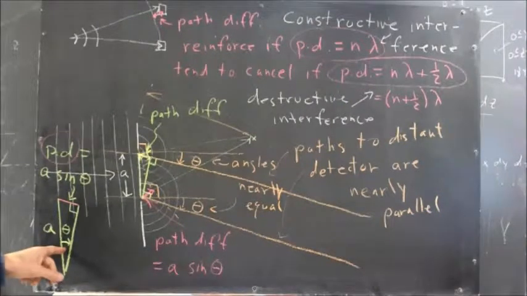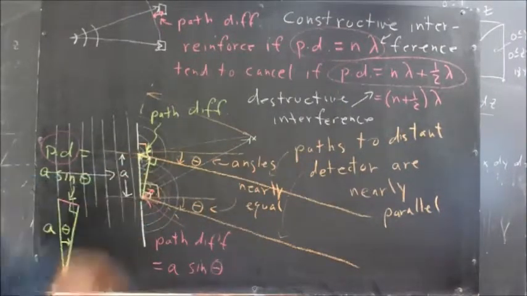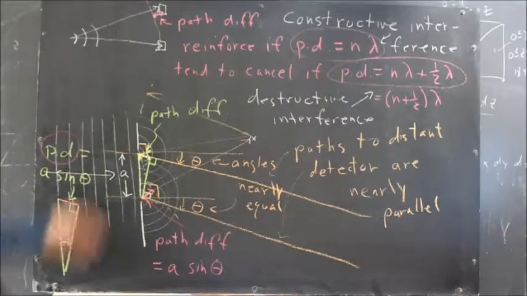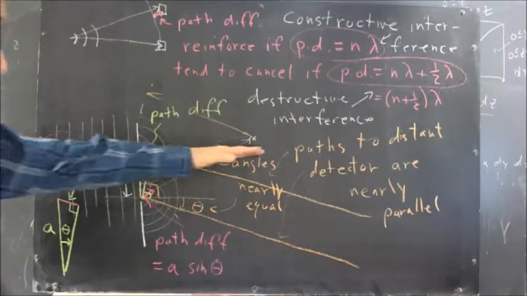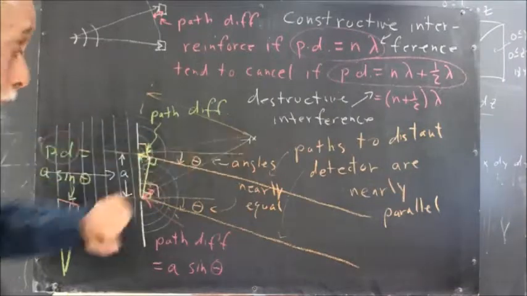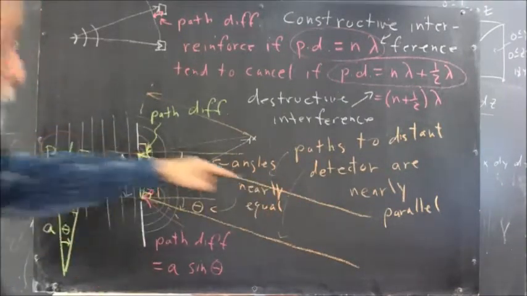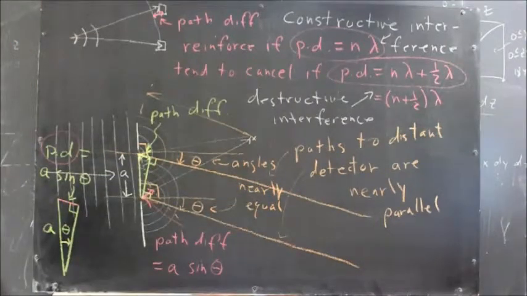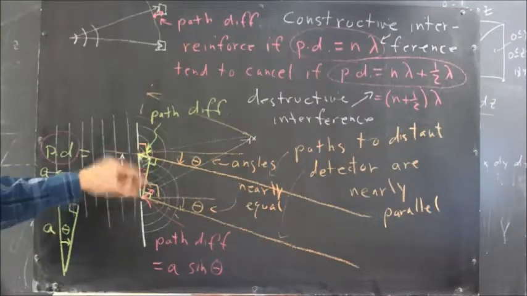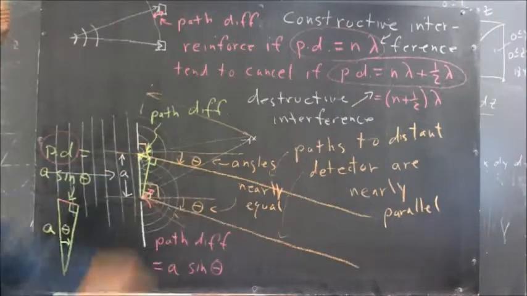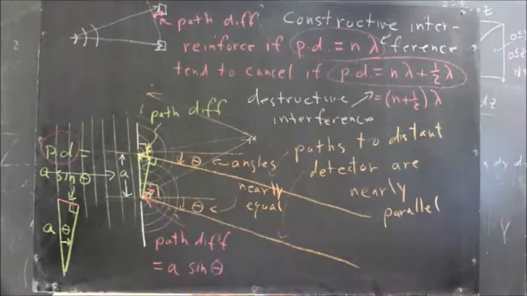And you can verify a couple of things. One is that this angle here is the same as this angle. It's easy enough to see why. This side is perpendicular to this normal line, and this side is perpendicular to this path of the ray. So this side and this side, being perpendicular to two lines that make angle theta, have to make angle theta. Very simple geometric argument.